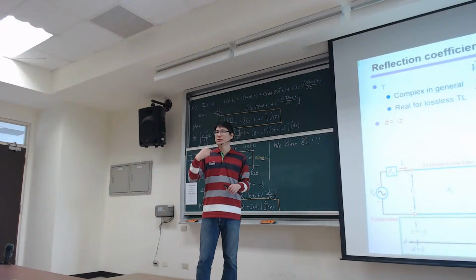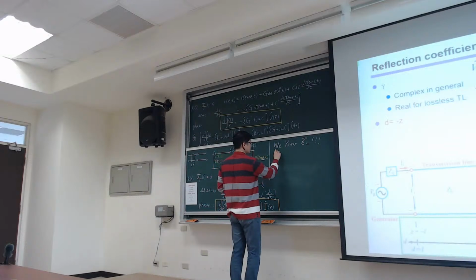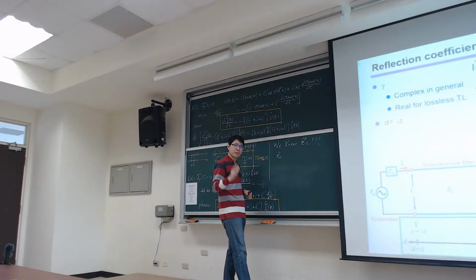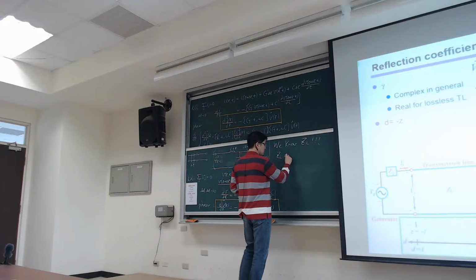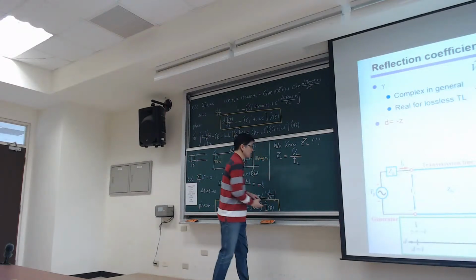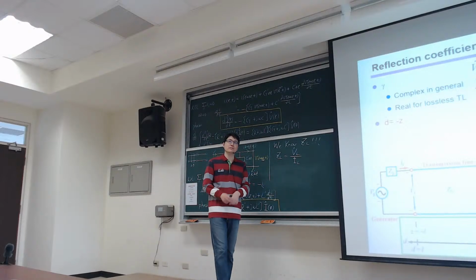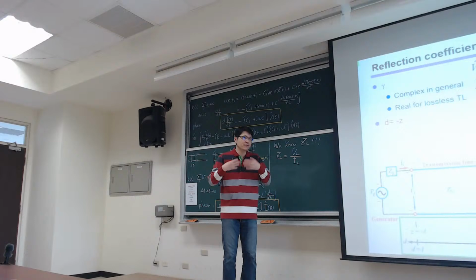That is a well-known parameter. So if you know the load impedance, ZL is, by definition, V at the load divided by I at the load. But that is known. Right? Do you follow my philosophy?